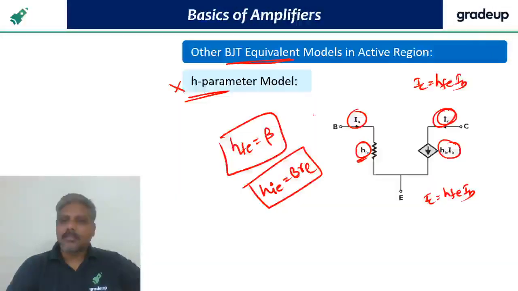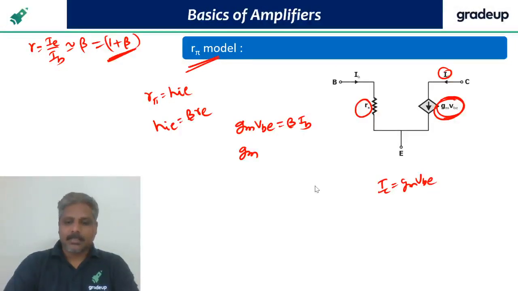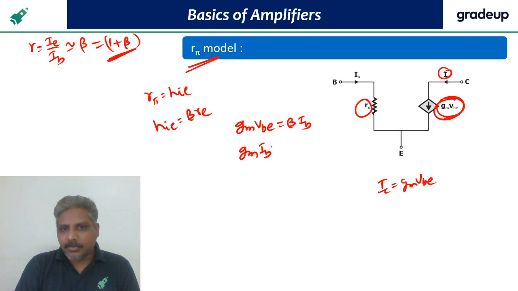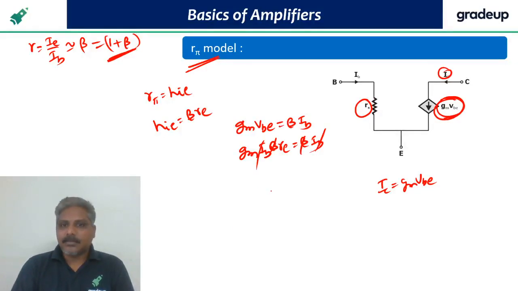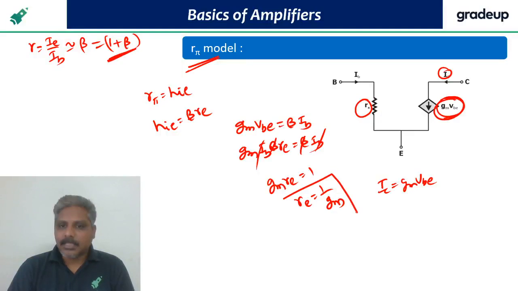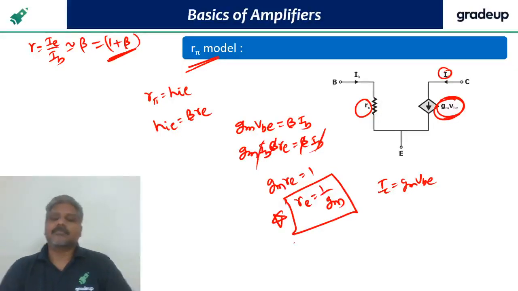So GM into VBE is nothing but IB into beta RE is equal to beta IB. So beta IB can be cancelled. GM into RE is equal to 1. That means RE is equal to 1 by GM. This is also another relation I have.